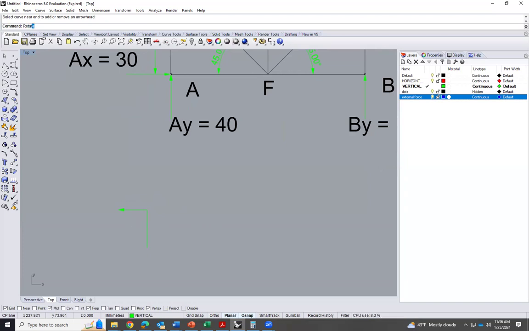I'm going to rotate this so it's going there, and this one goes up.